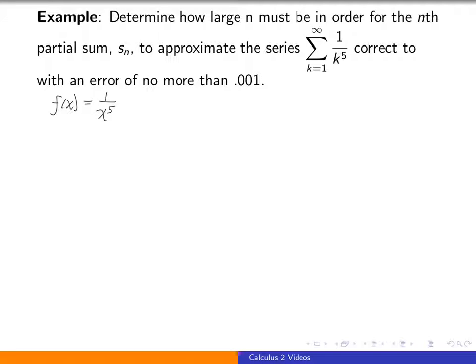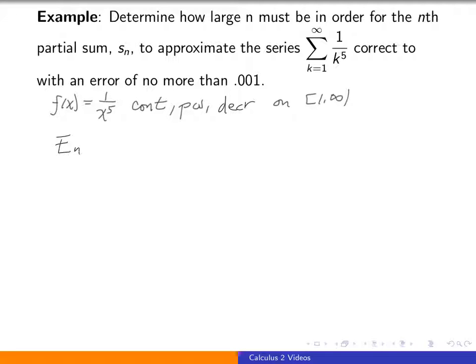And much like our first example where we had 1 over x cubed, this function on the interval from 1 to infinity is very clearly going to be continuous and positive. And additionally, note that x to the 5th, the denominator, is getting bigger. If you're dividing a constant by something getting bigger, we have a decreasing function. So continuous, positive, decreasing.